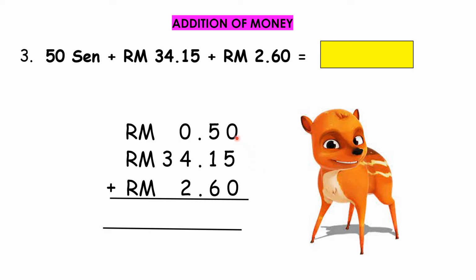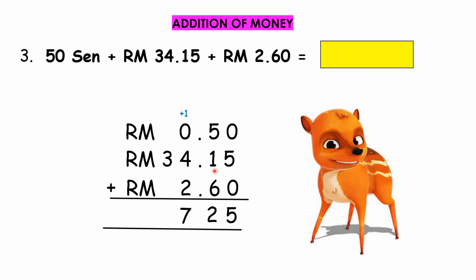So we start from this row. 0 plus 5 plus 0 is 5. And then the second row, 5 plus 1 plus 6 equals 12. So we write 2 below 6 and then 1 above 0. So 1 plus 0 plus 4 plus 2 is 7.